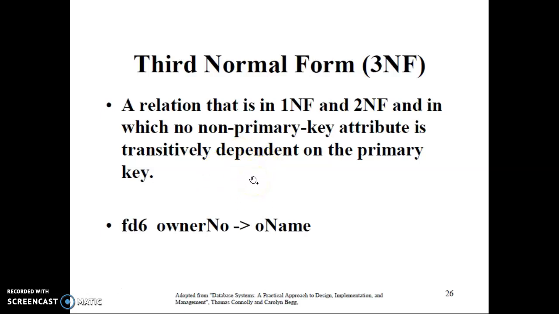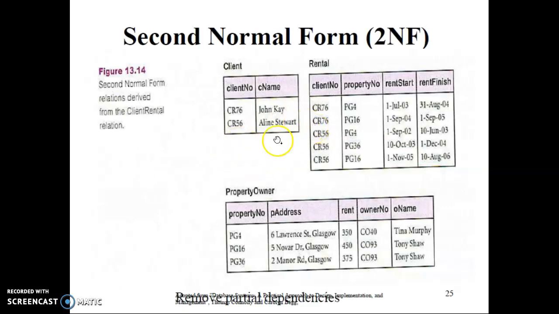Let us see this with our example tables. These are the example tables we have with the second normal form, client, rental and property owner relations. If we can see these 3 tables, all the non-primary key attributes within the client and rental relations are functionally dependent on only their primary keys.